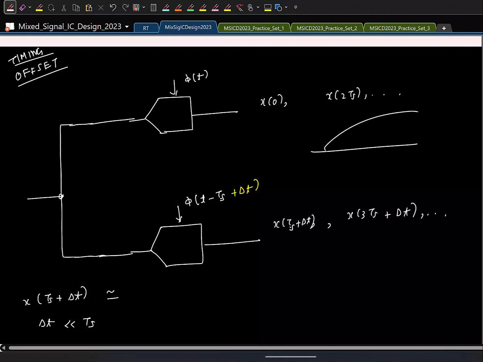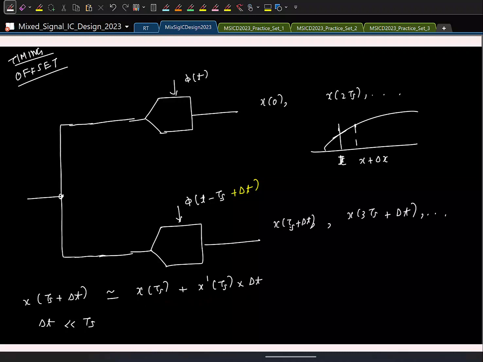I have some function and I know the value at x. What is the simplest approximation for the value at a small increment x plus delta x? Taylor series. The simplest thing is a linear approximation. You find the slope at this point, so it's x of ts, that value, plus the slope at that point times delta t. So now this helps us simplify this.